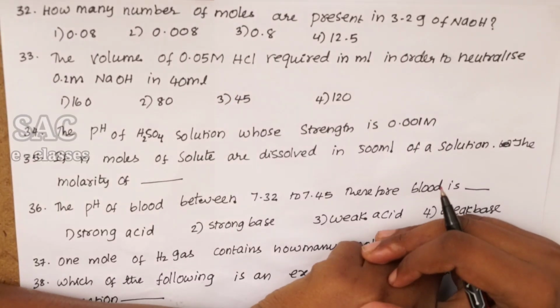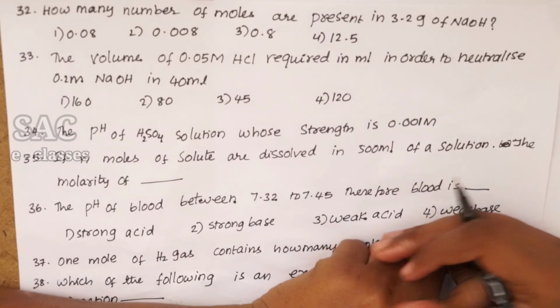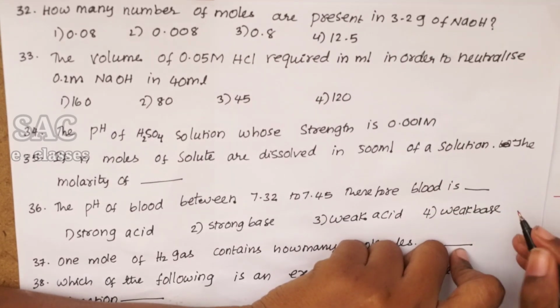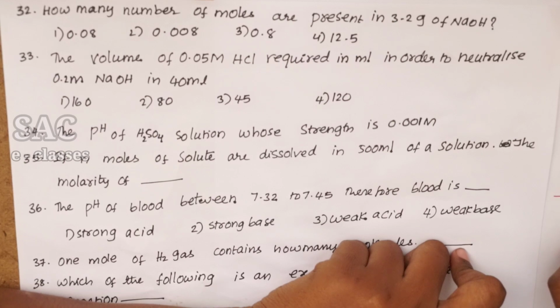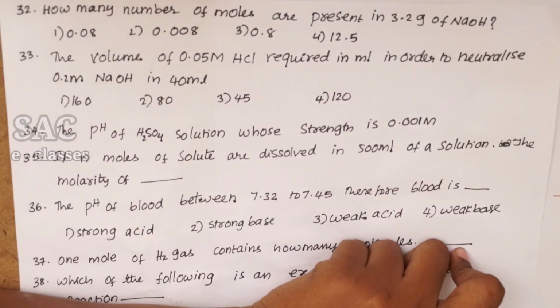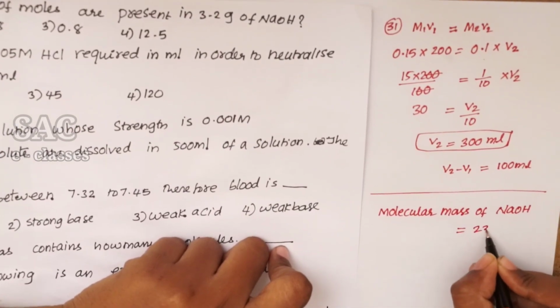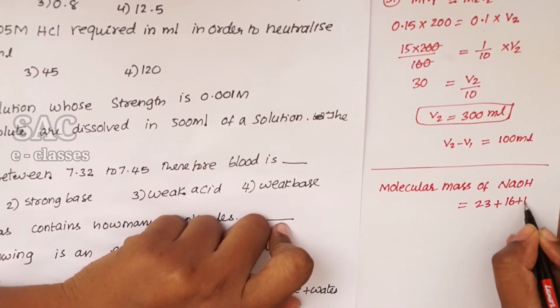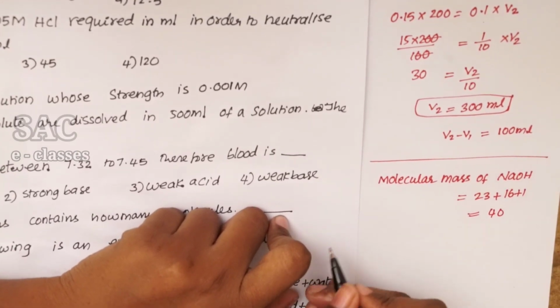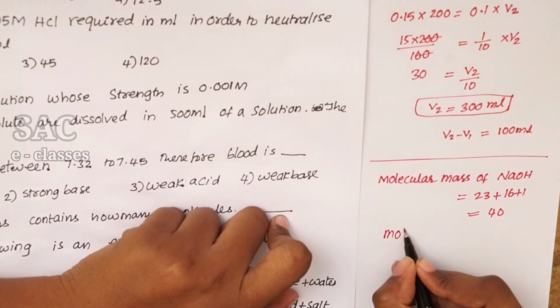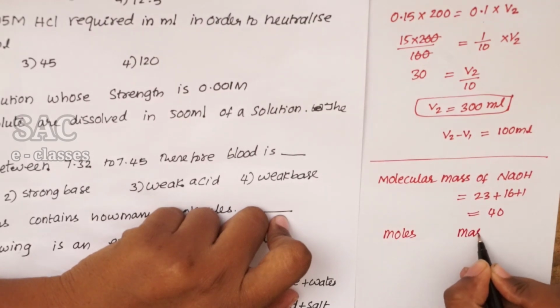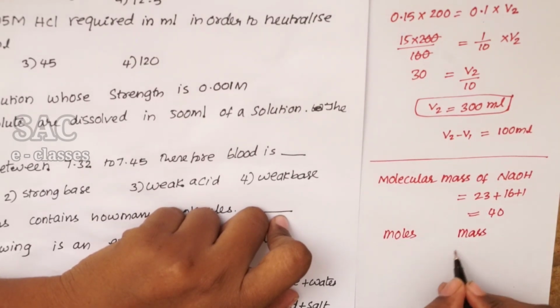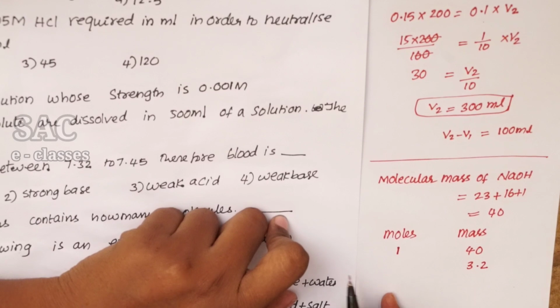How many moles are present in 3.2 grams of NaOH? If you want to find the number of moles, we have to take the molecular mass of NaOH. What is the molecular mass of NaOH? It is 23 plus 16 plus 1, which is 40 grams. But how much NaOH is present with you? 3.2 grams. 1 mole means 40 grams, but with you 3.2 grams of NaOH is present.